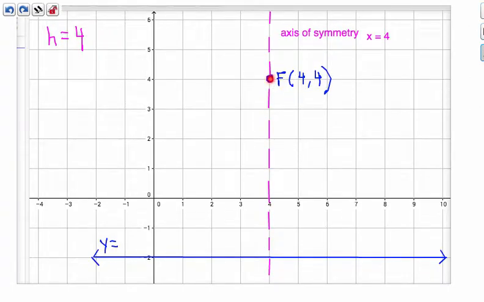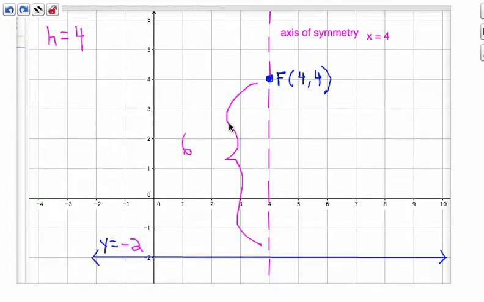Now we were told that the vertex lies halfway between the focus and the directrix. Here's the directrix at y equals -2, and the focus is at y equals 4. So the distance between 4 and -2 would be 2 units plus 4 units, or 6 units altogether.